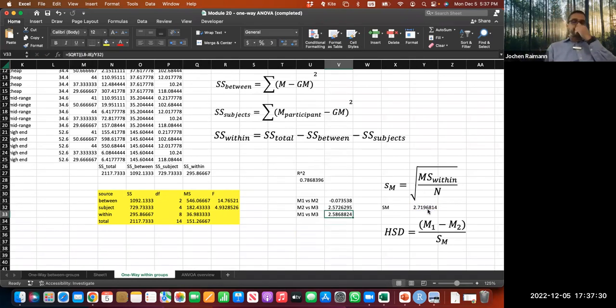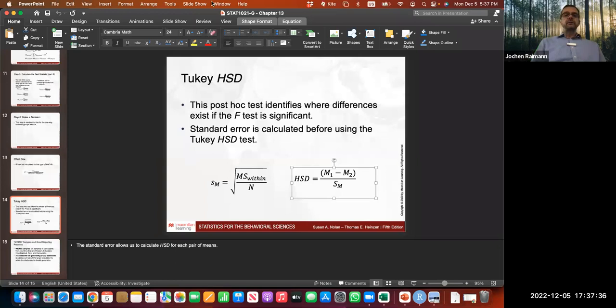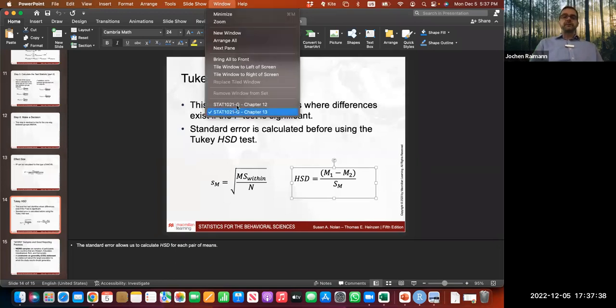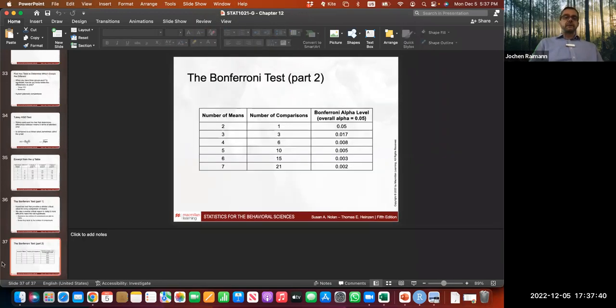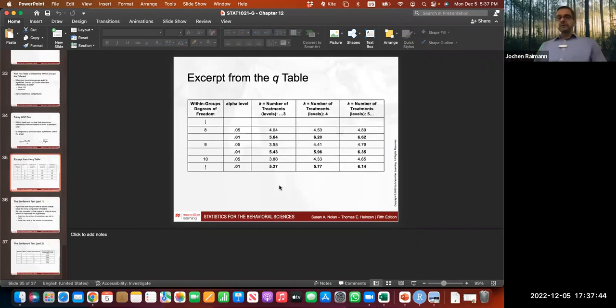That gets you 2.58. So looking at this now in the Q table, which we have here on the ANOVA with between. You essentially can compare these. We don't have the right Q table, we only have 2 levels.